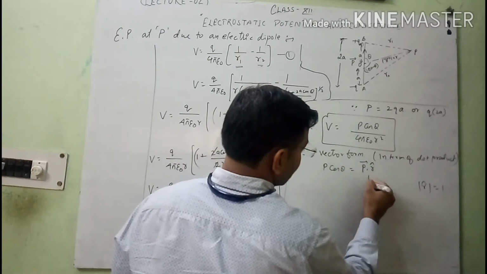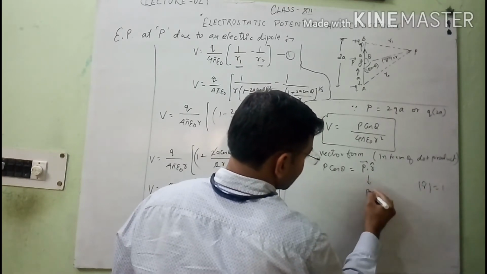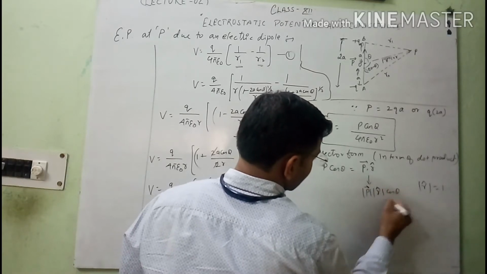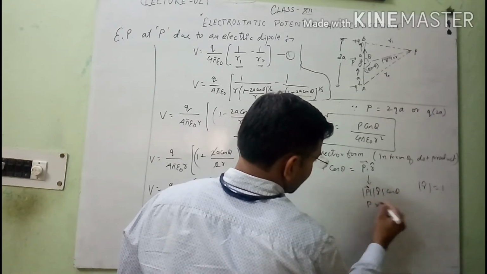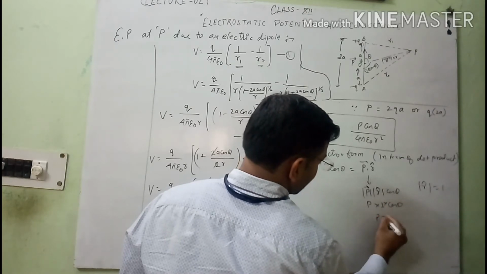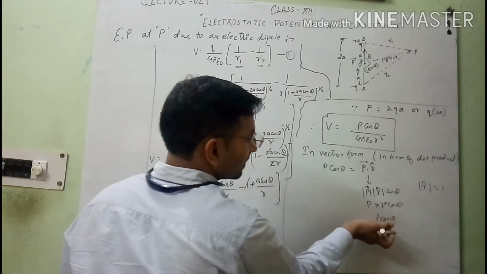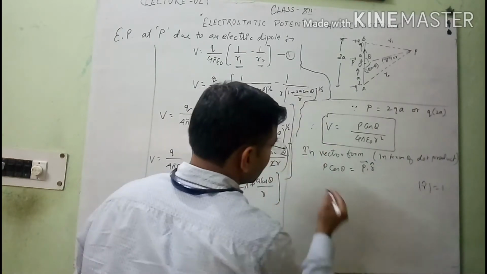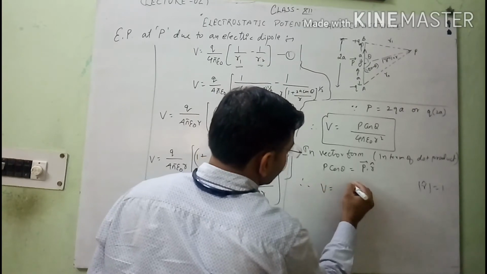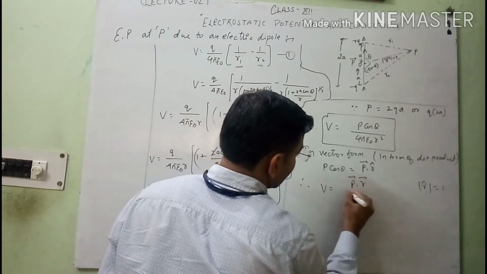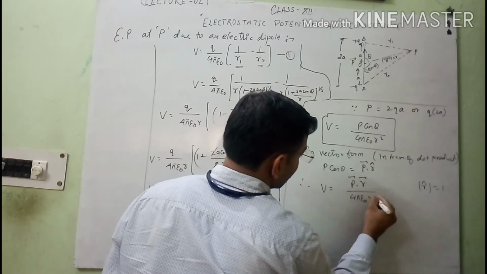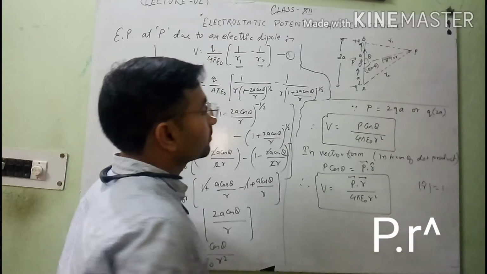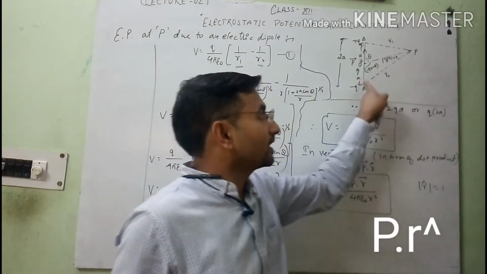So when we write it this way, we can write mod of P, mod of r cap, cos theta, where mod of r cap is 1, P remains, and this is cos theta. So P cos theta is the result. So electrostatic potential will be P dot r cap over 4 pi epsilon naught of r square. So this is your final formula of electrostatic potential at point P due to an electric dipole.